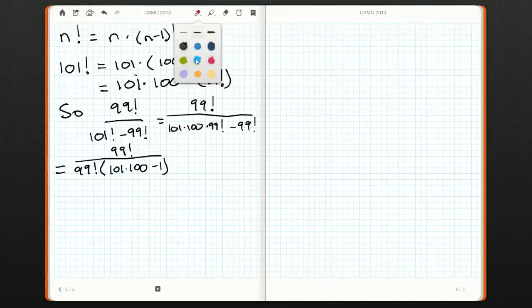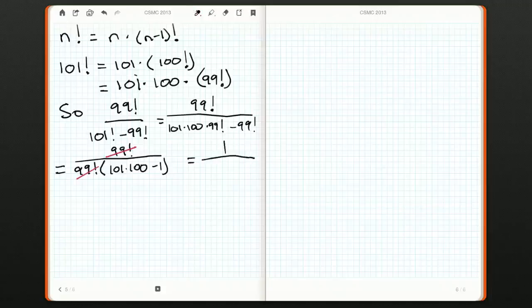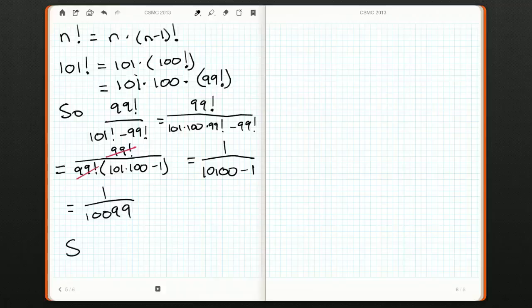Well, we have a 99 factorial on the top and the bottom, and they can cancel each other out. Then, wouldn't you know it, we're left with a 1 on top, which is what we're looking for. We can simplify the bottom a little bit. That becomes 10,099. So n equals 10,099.